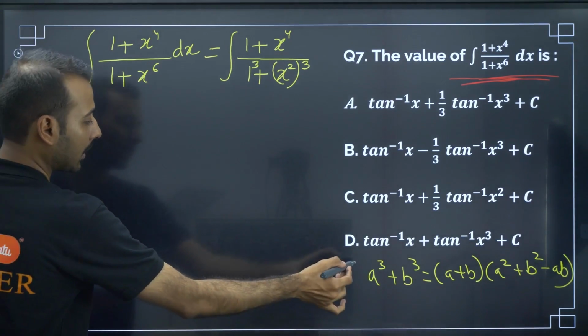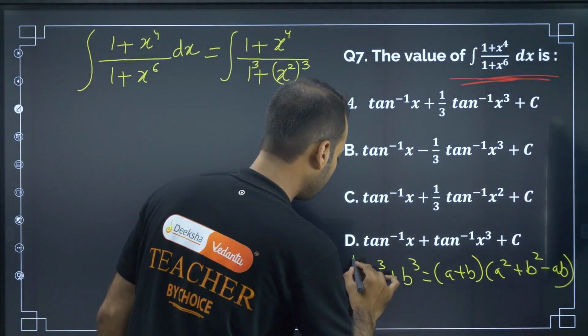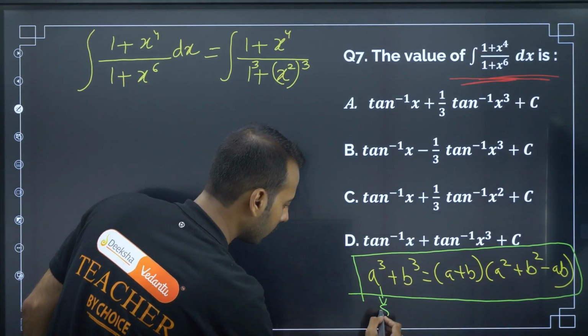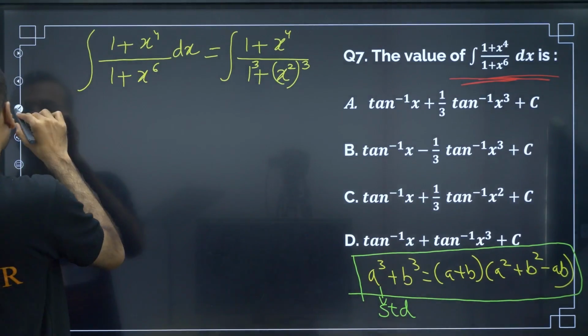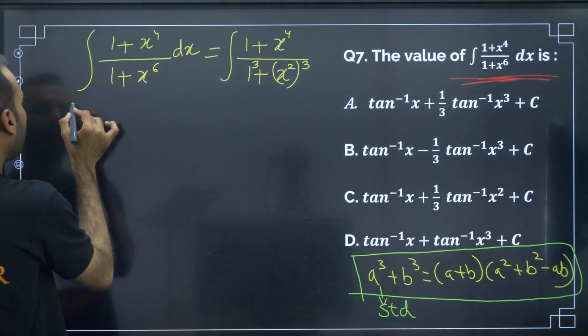Now you observe this identity. This is a standard identity. Now you observe this identity and you observe this denominator.